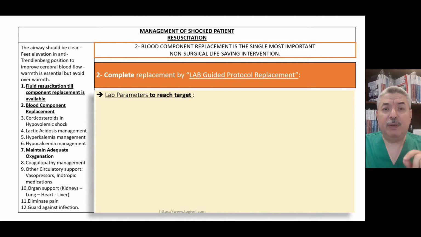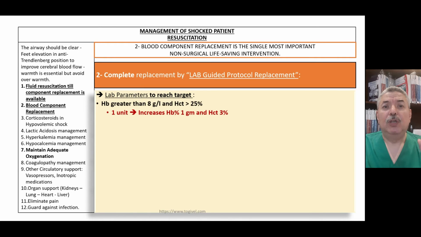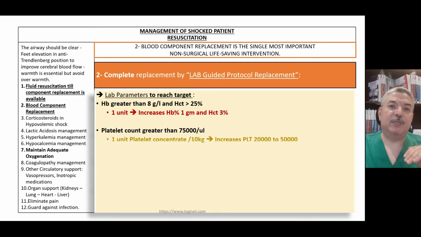The second step in replacement is the lab guided replenishing of components. The first component I need to replenish is the hemoglobin. If the hemoglobin is less than 8 gram percent or the hematocrit less than 25%, then I use packed RBCs, with the equation that every 1 unit packed RBC will increase the hemoglobin by 1 gram percent and the hematocrit by 3%.